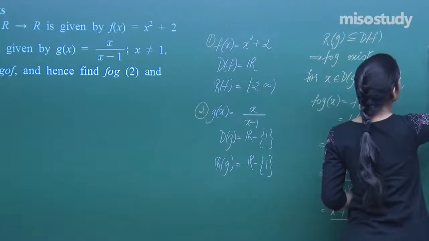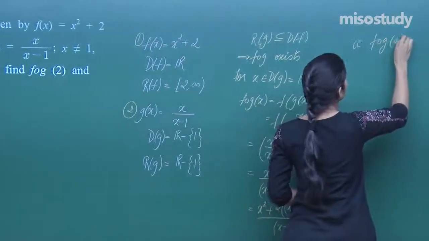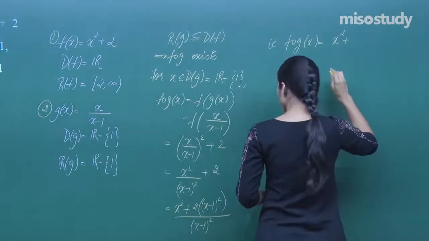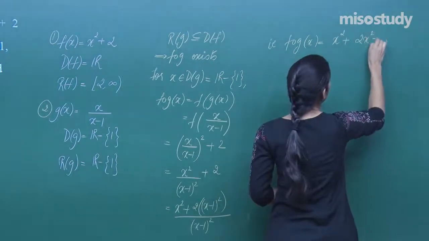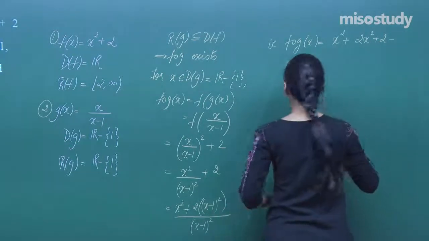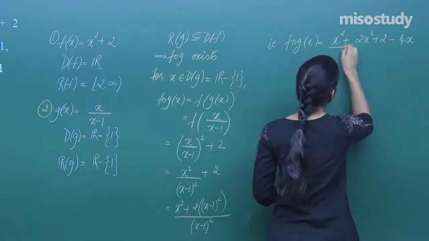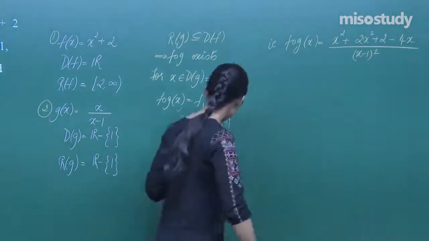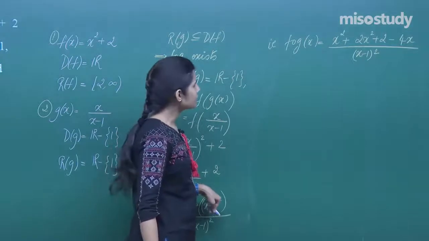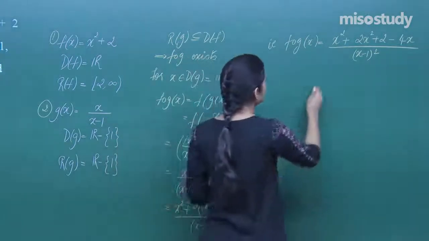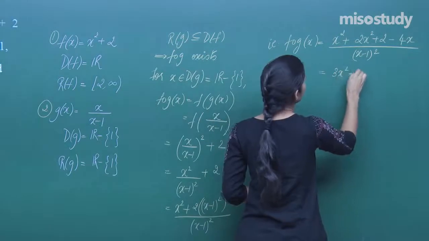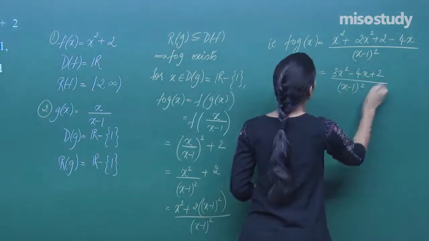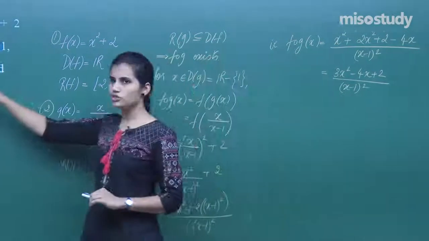That is x square plus 2x square plus 2 minus 4x, whole upon x minus 1 whole square, since x square plus 1 minus 2x is the expansion. So you have 3x square minus 4x plus 2 whole upon x minus 1 whole square, and you are supposed to find fog of 2.